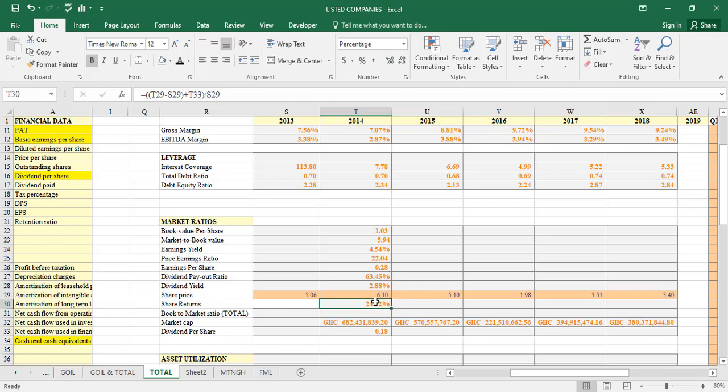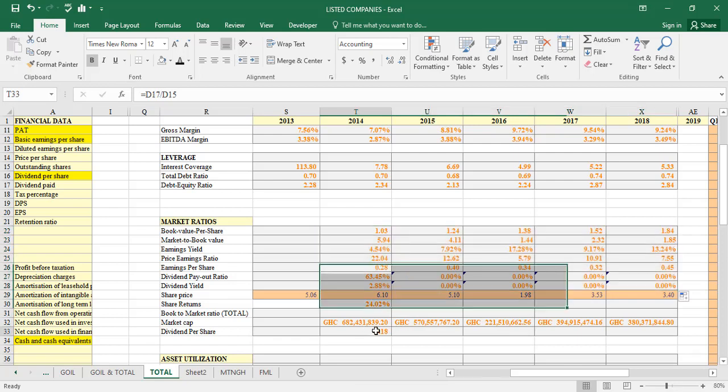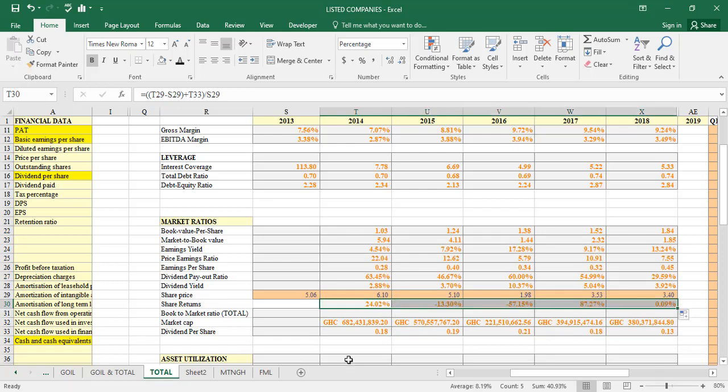So now let's drag them here and look at it, and then you look at the dividend. Then we have our share returns. All right, so now let's chart and then look at how we are going to do the explanation.